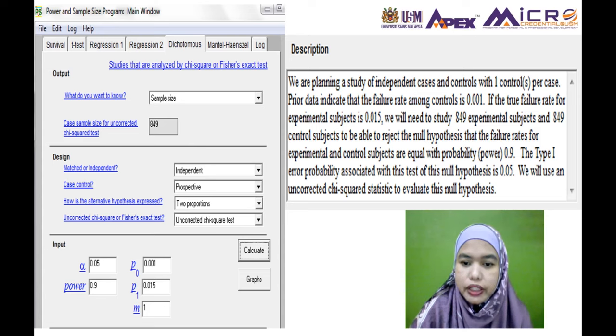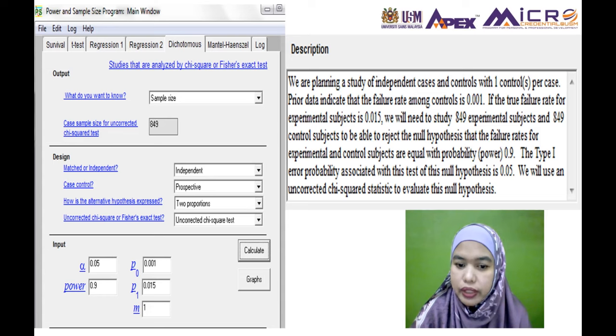This is the description of the calculation. We are planning a study of independent cases and controls with one control per case. Prior data indicate that the failure rate among controls is 0.01. If the true failure rate for experimental subjects is 0.015, we will need to study 849 experimental subjects and 849 control subjects to be able to reject the null hypothesis that the failure rates for experimental and control subjects are equal with power of 0.9.